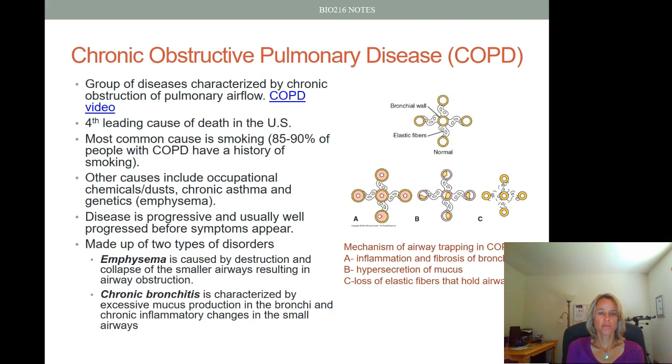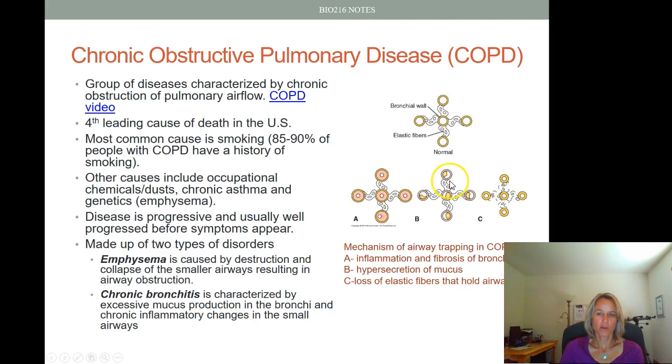It's made up of two types of disorders. Emphysema, which is caused by destruction and collapse of the smaller airways, resulting in airways obstruction. This is shown here. We lose elastic fibers that hold the airways open and allow the lungs to recoil and get all the air out.